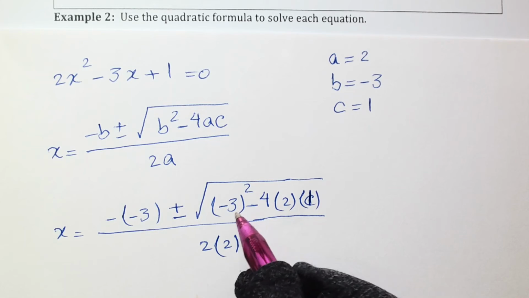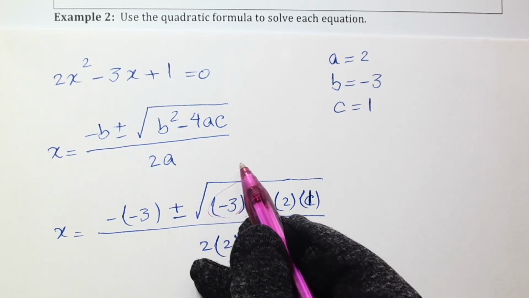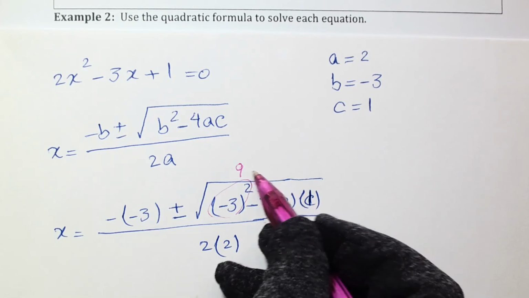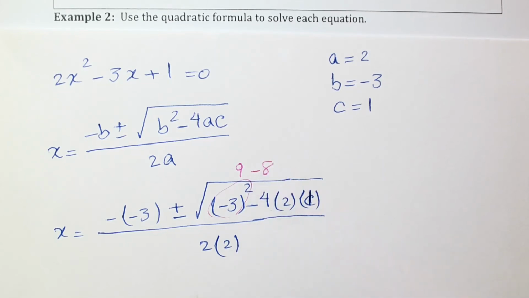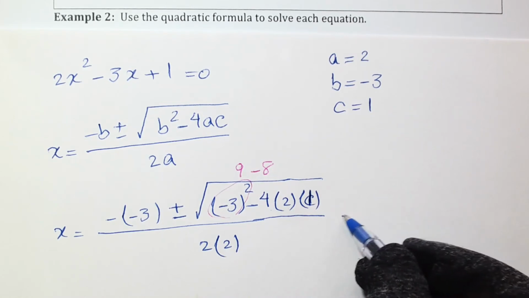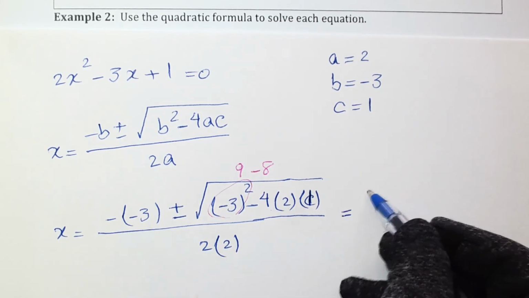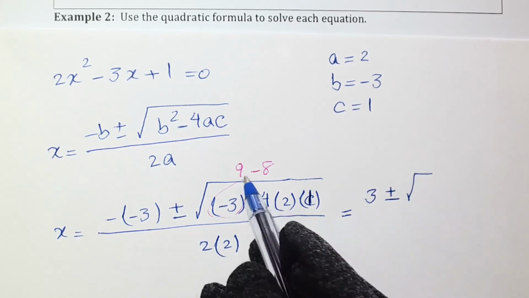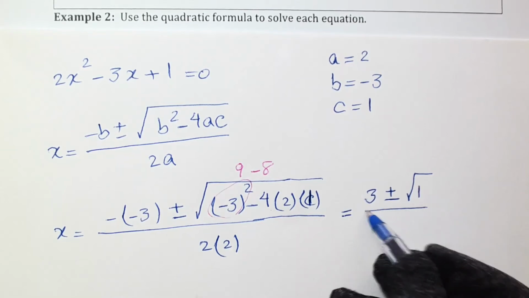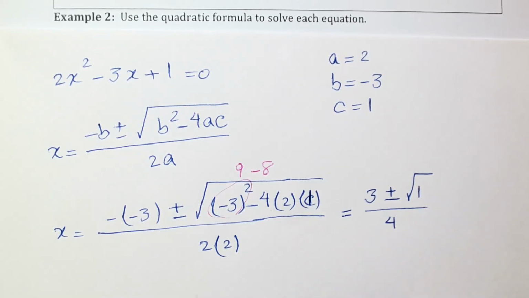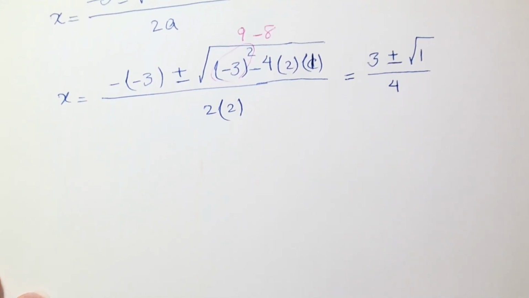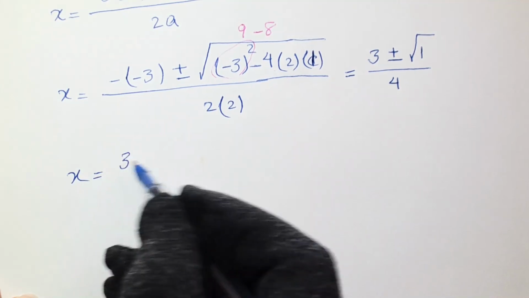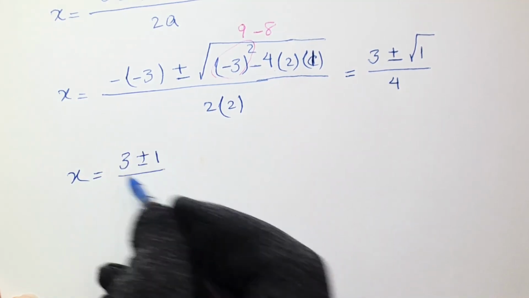Now, negative 3 squared means 9. 4 times 2 times 1 is 8. So here we have negative times negative 3, positive 3, plus or minus square root of 9 minus 8 is 1, over 2 times 2, 4. Now, we know square root of 1 is 1. So, x equals 3 plus or minus 1 over 4.